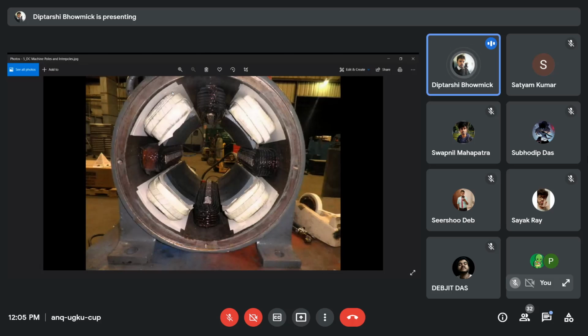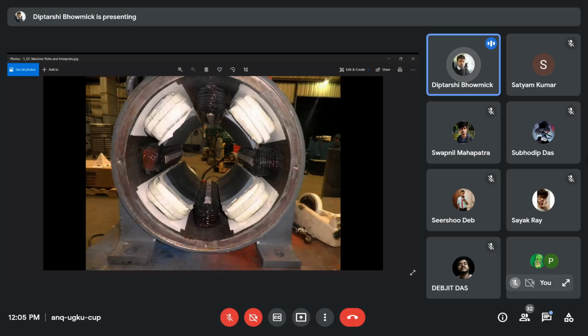We have to restrict the MMF. We have a small number of turns because the current, the ampere, is very high. If we reduce the number of turns, then the MMF will be the same, and in this way we get our required MMF and flux for the machine.